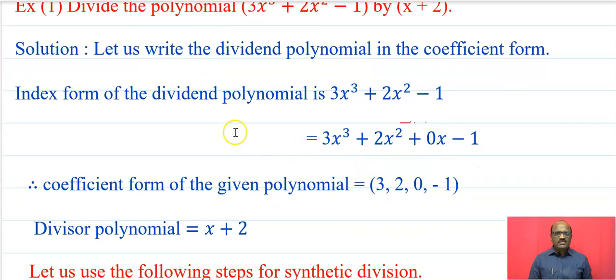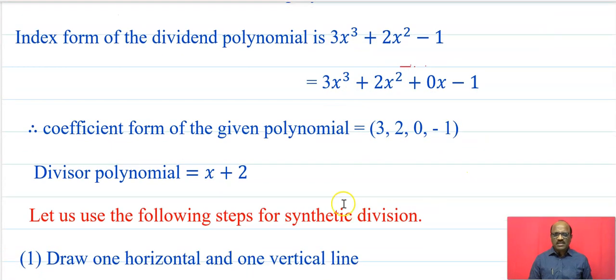Which term is absent? The power 1 is absent, and therefore we write 3x cubed plus 2x square plus 0x minus 1. Therefore the coefficients of the given polynomial are 3, 2, 0, minus 1. The divisor polynomial is x plus 2.